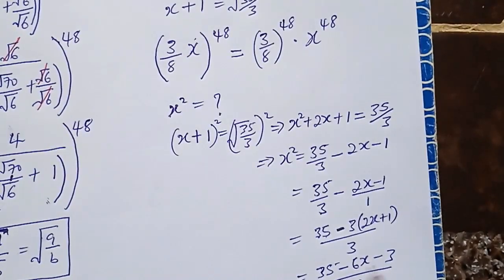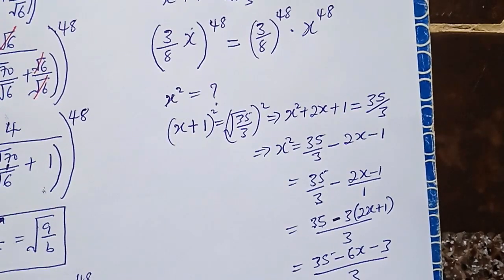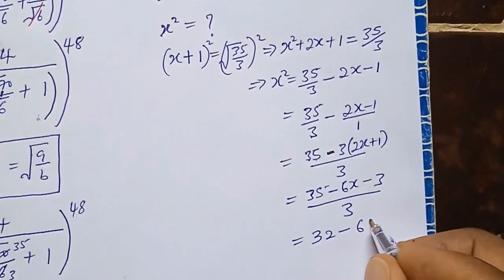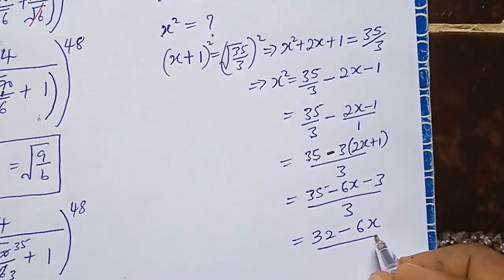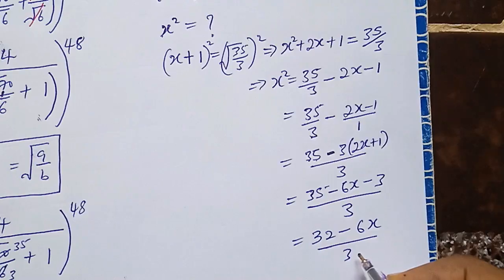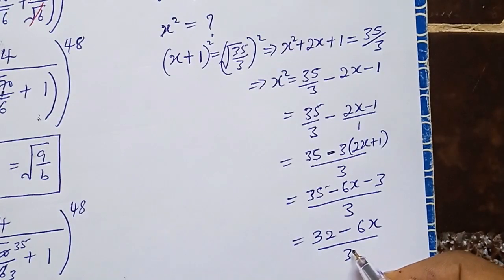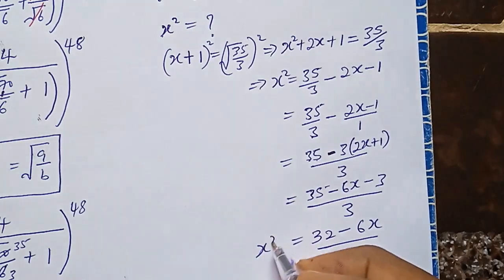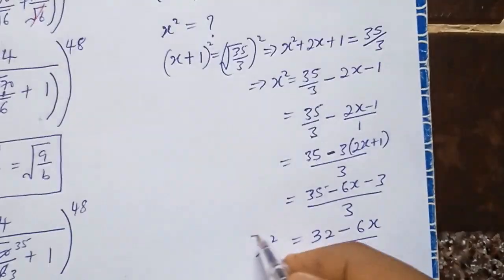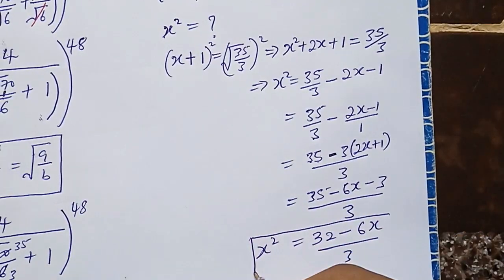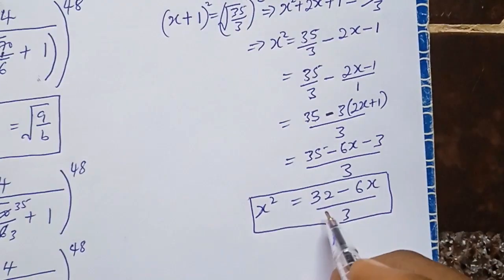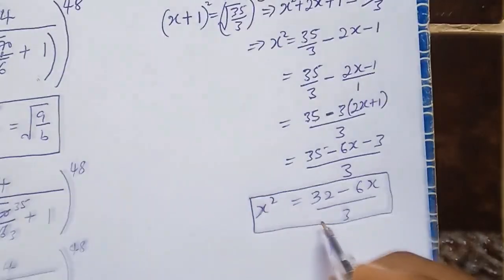So 35 minus 3, we have 32 minus 6x over 3. So this is what we are left with, and this is x squared, the value that we needed to first compute.